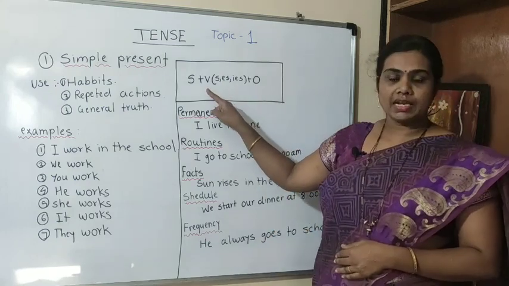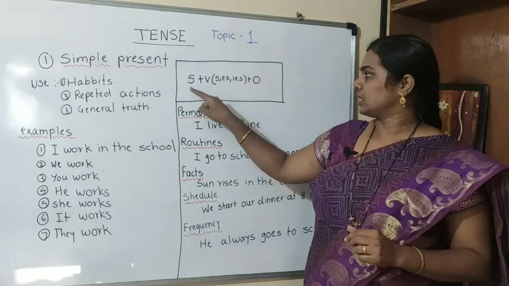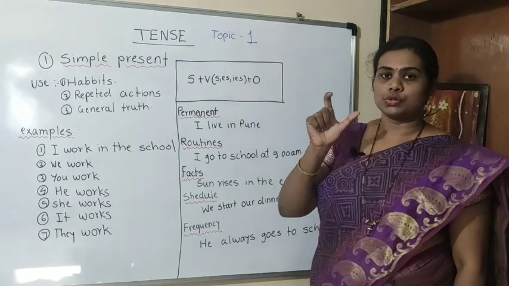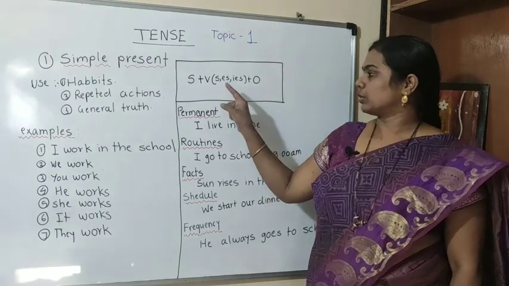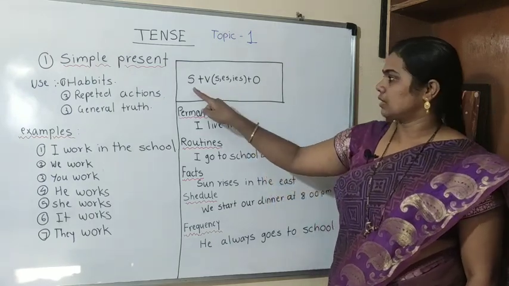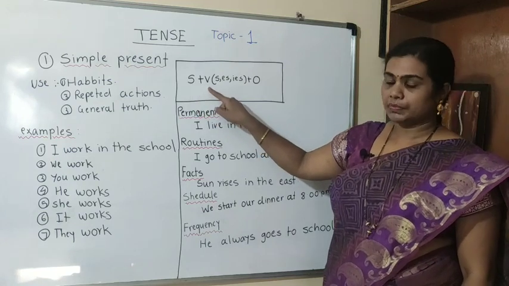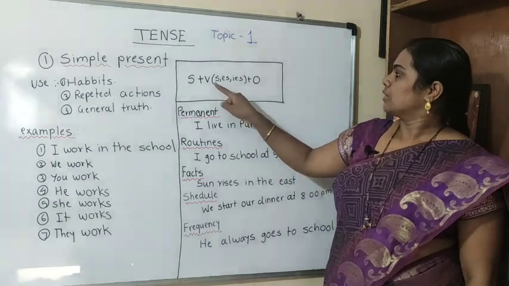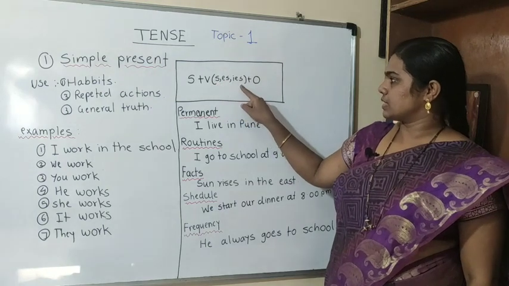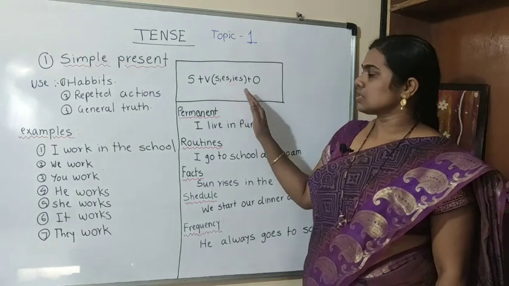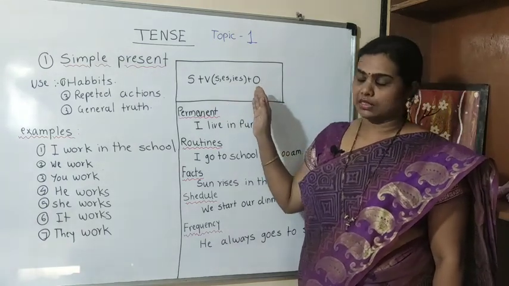If you put any words in this structure, you get the proper knowledge of how to form a sentence in the simple present tense. The first is subject plus verb (s, es, is) plus object. This is the structure for the simple present tense.